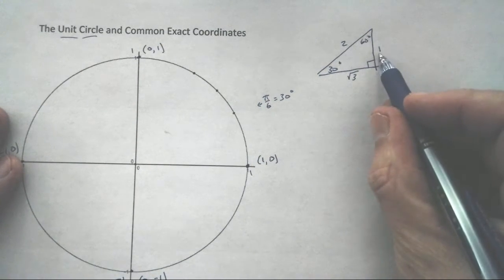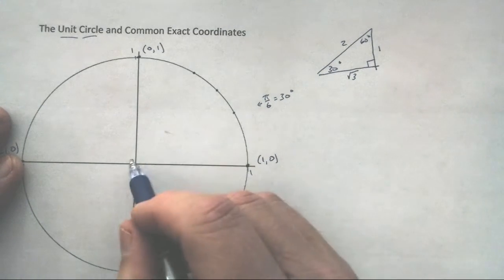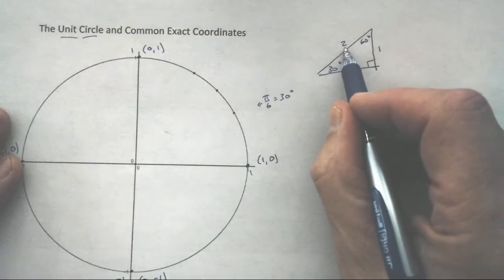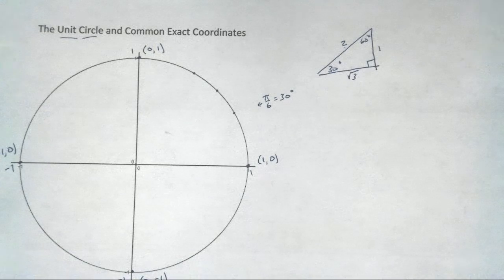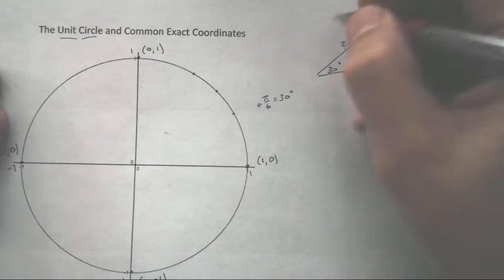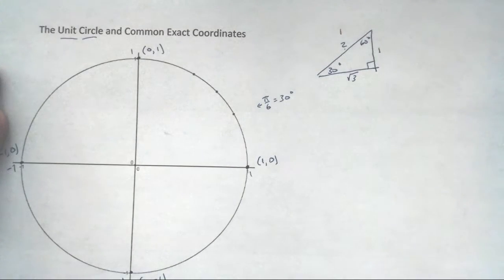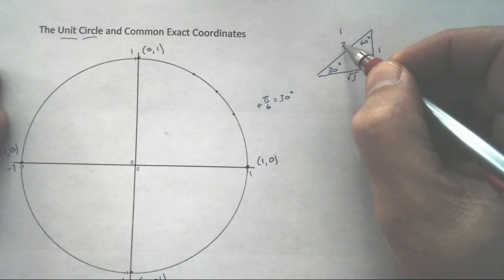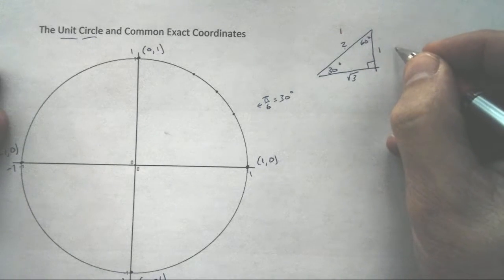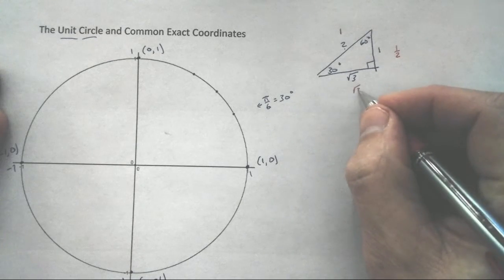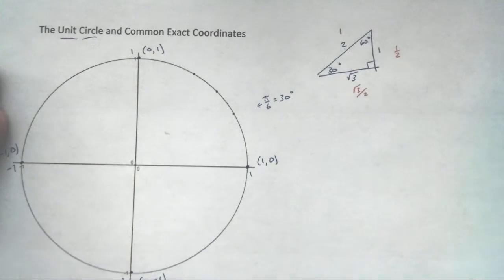But anyway, that'd be great, except when I draw this triangle into this 30-degree angle, this is not 2. This is, however, 1/2. Or excuse me, this is 1. The hypotenuse is 1. So if this length was 1 in a similar triangle, the ratios would stay the same. 2 is to 1 as 1 is to 1/2, as √3 is to √3 on 2.